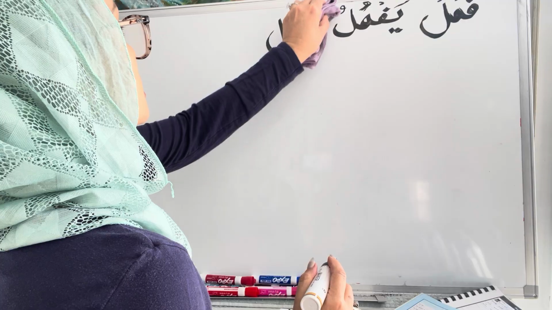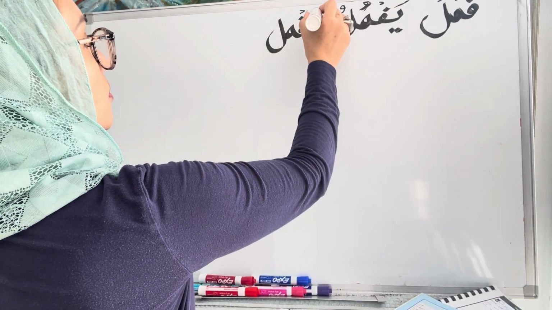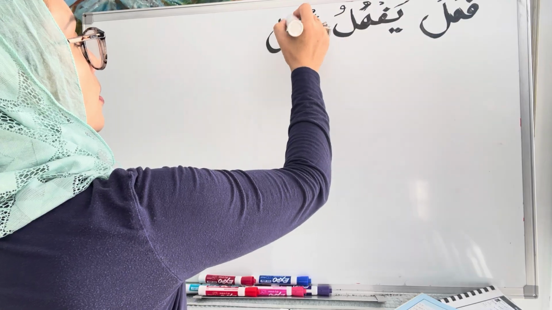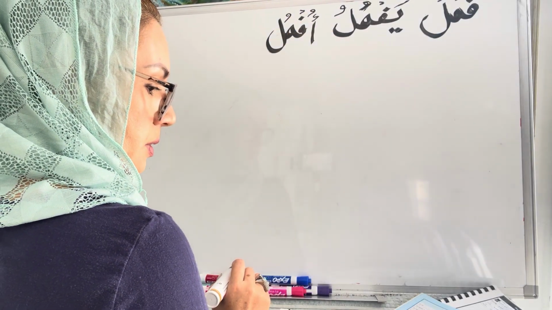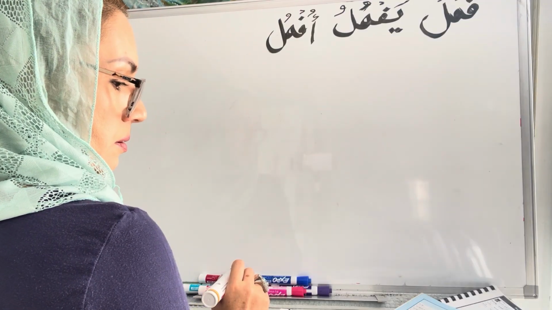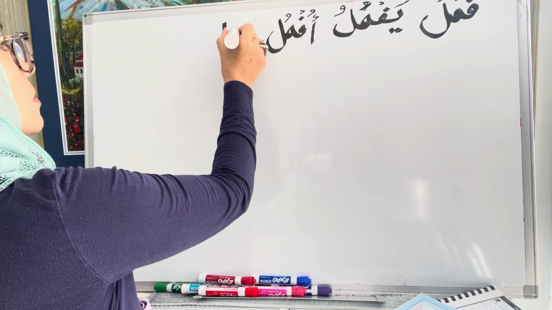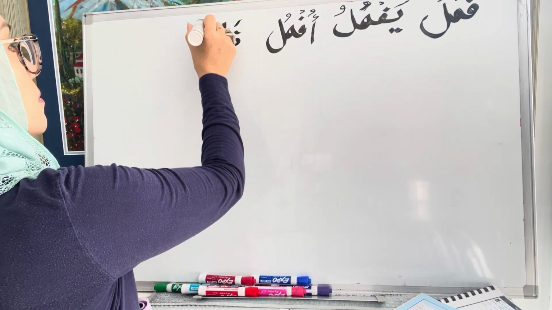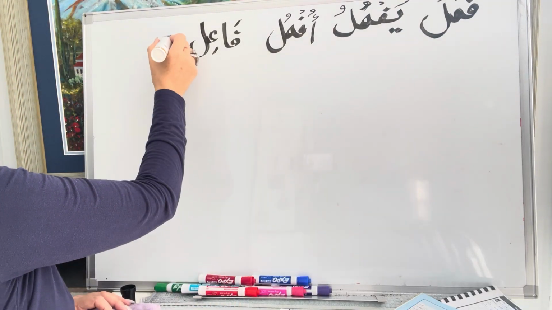I'm going to write this a little bit lower so we have space. Uf'ul. And then we have fa'il.